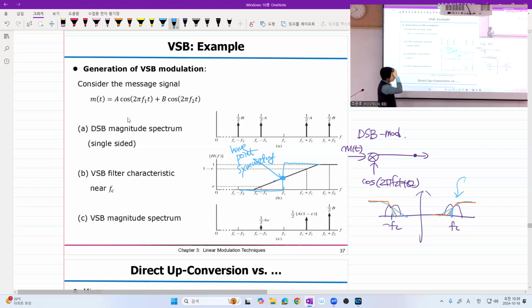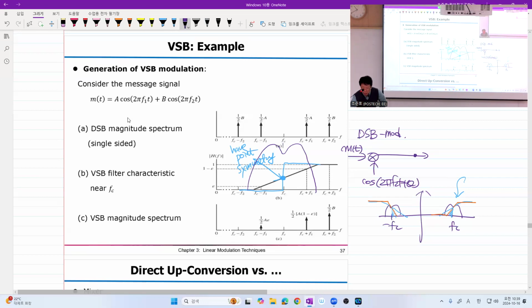And the reason why this point symmetry still does not hurt our retrieval of the message in the receiver is because our message signal has conjugate symmetry. Actually, our message has a spectrum something like that, right?